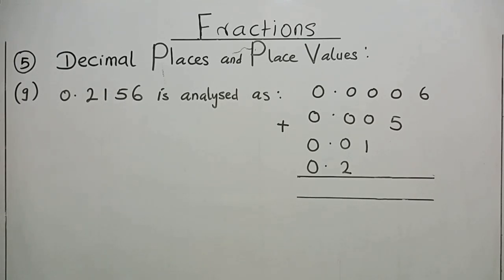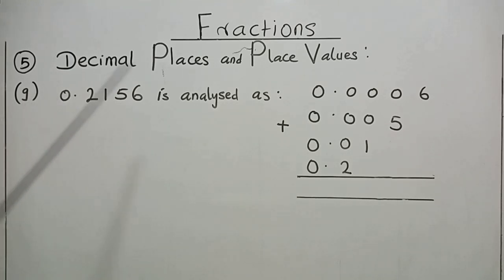Many persons may not have known before now that this 0.2156, for instance, is outlined like this, that certain decimal fractions, when added together, will give us this 0.2156. The question is, what are those individual decimal fractions in their dot notations which, when added, will produce 0.2156? It is the process of separating this into those individual decimal fractions, which, when added, will produce this that we call analysis of this decimal fraction.